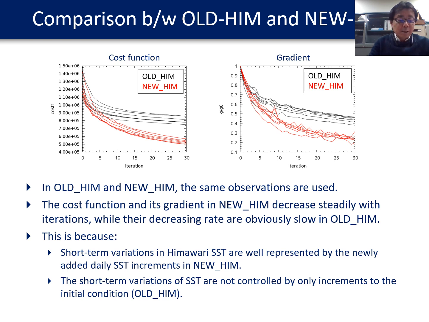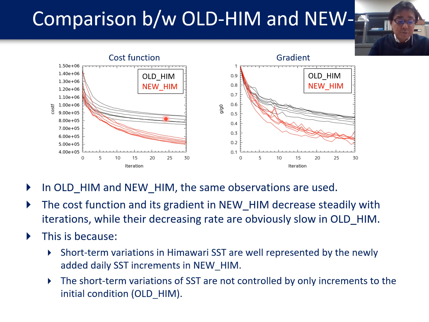Here we look at the behavior of the cost function in the first 7 assimilation cycles. The left panel shows the value of the cost function, and the right shows its gradient. The red curve shows the new HIM result, and the black curve shows the old HIM result.